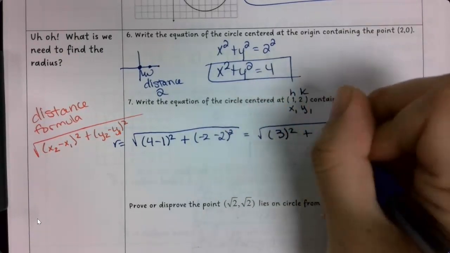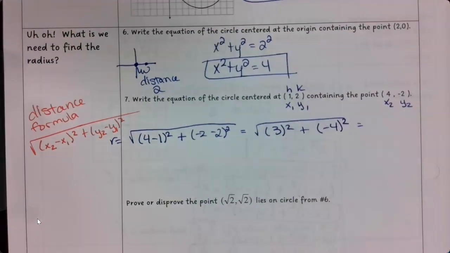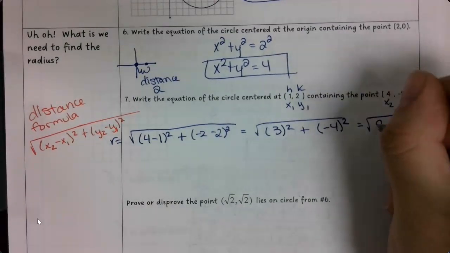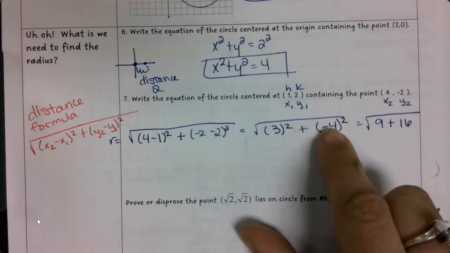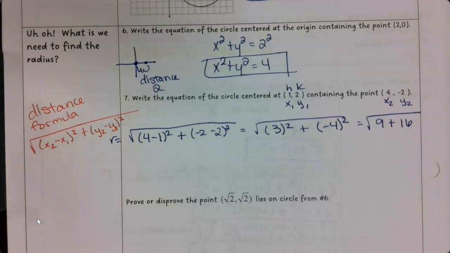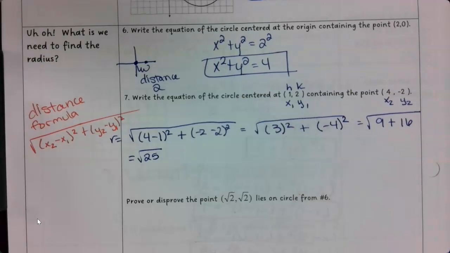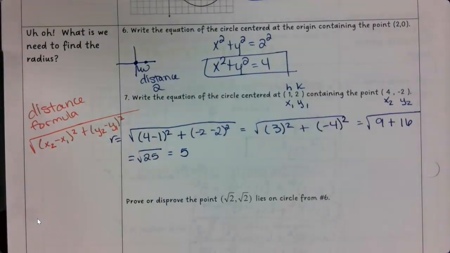And then negative 2 minus 2 gets me negative 4. So squaring those, I get 9, and then plus 16, because I want to make sure I put the negative in parentheses when I square on my calculator. And then 9 plus 16 is 25. And the square root of 25 is 5. So my radius here is 5.